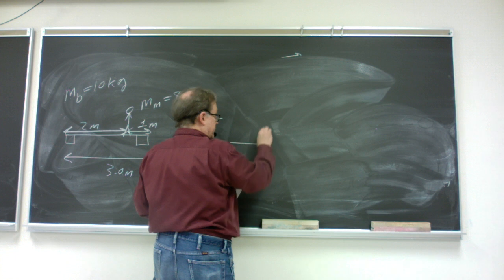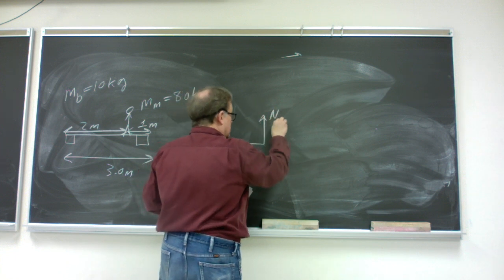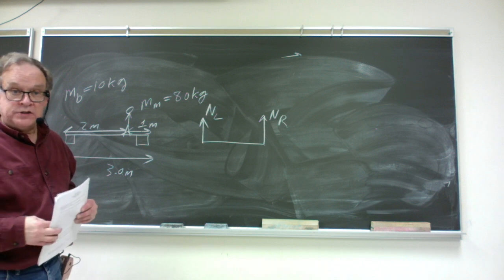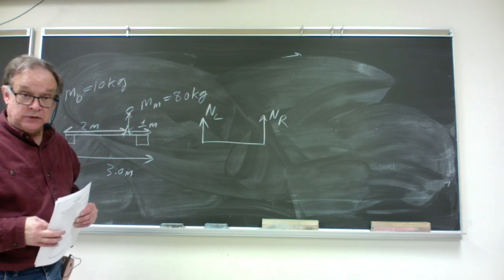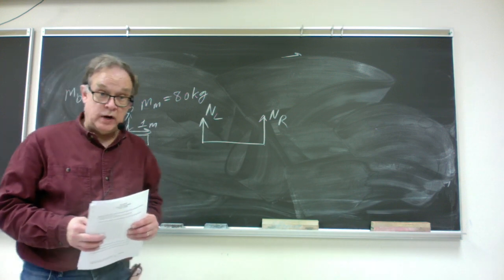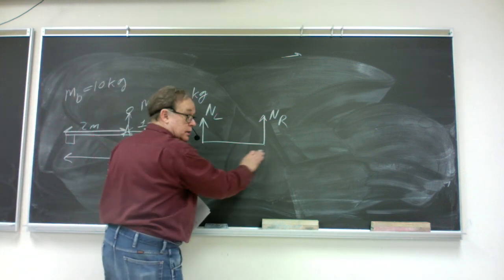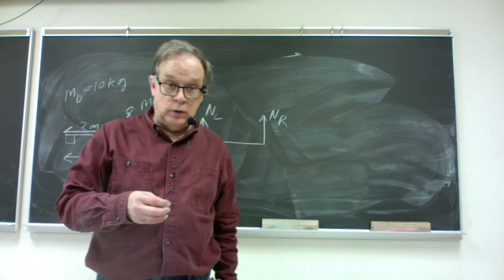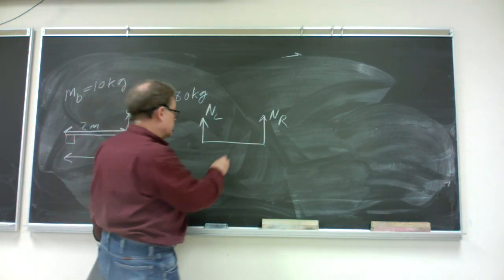And then similarly, there's a normal force from the right block. And then 2 more forces. There's the weight of the beam, which is pulling on the center of gravity, which will be right in the middle. We're assuming that the mass is evenly distributed along the whole length of the board, so the center of gravity is right in the middle.